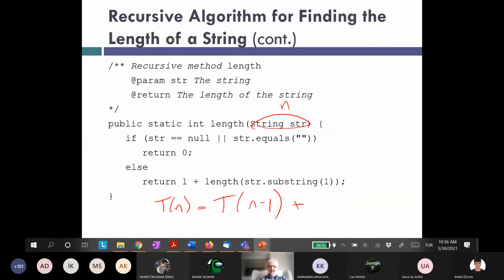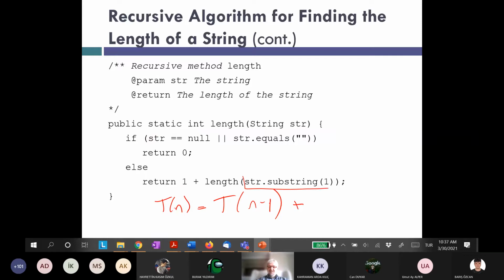So how many operations are there? For example, checking whether a string is null or equal to an empty string is constant time, and this addition will take constant time. So all these are constant time operations.